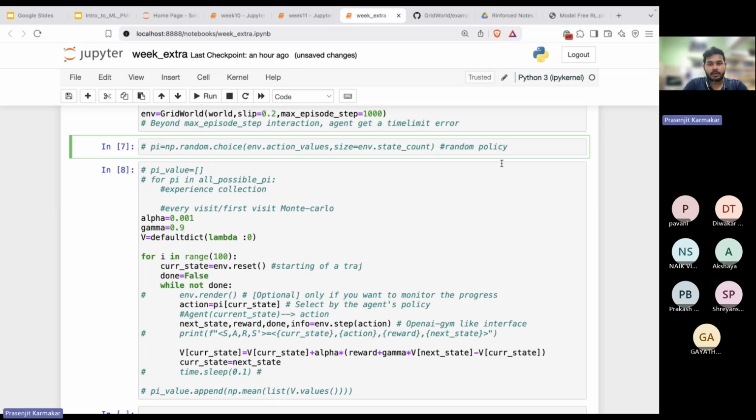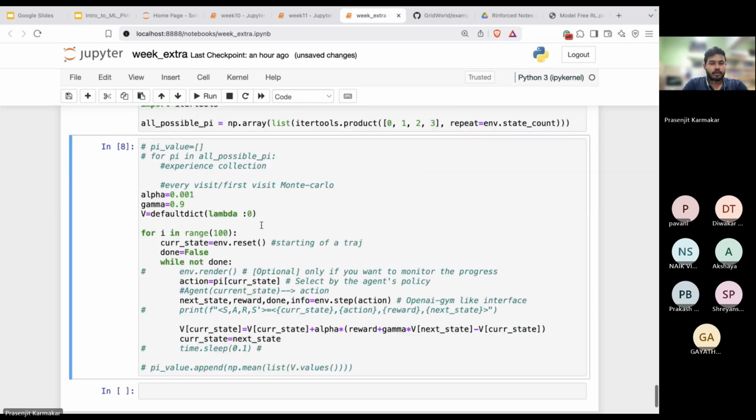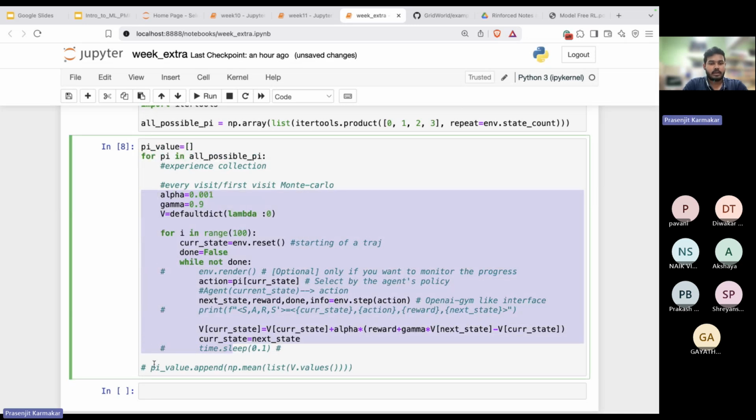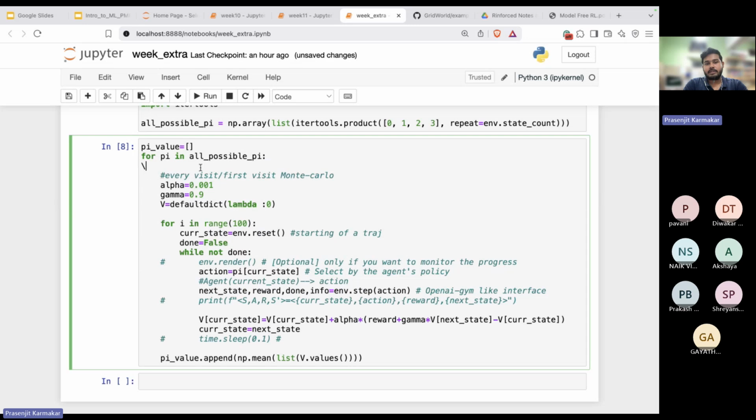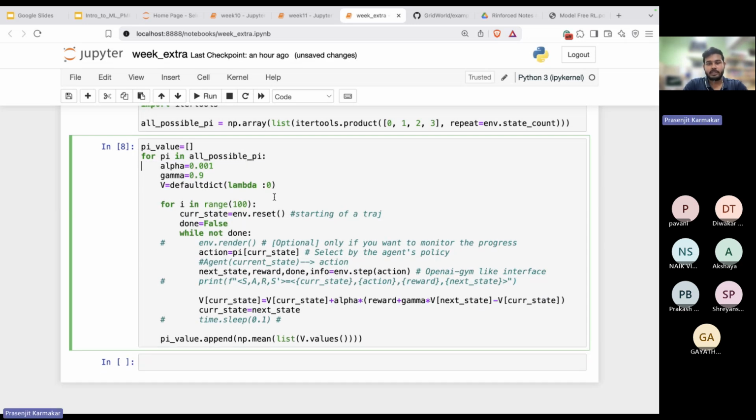Now instead of one policy, I can just look through all the possible policies. Pi value, for pi in all possible policies. I just indent this. Also uncomment this, indent this. Now see, I'm just looping through all the policies. I'm not collecting experience anymore. I'm also not doing every visit, first visit.